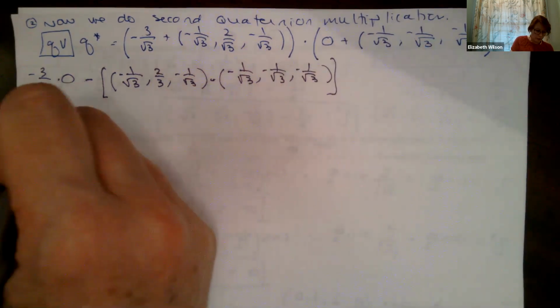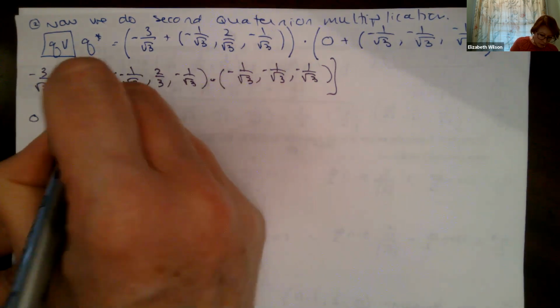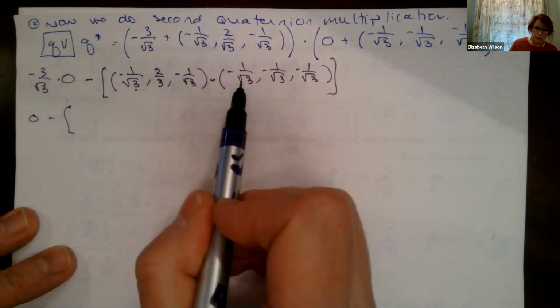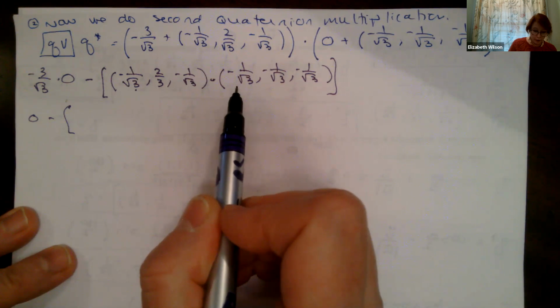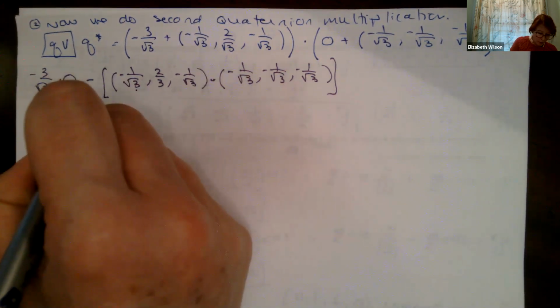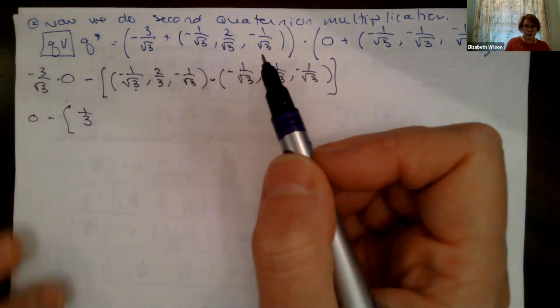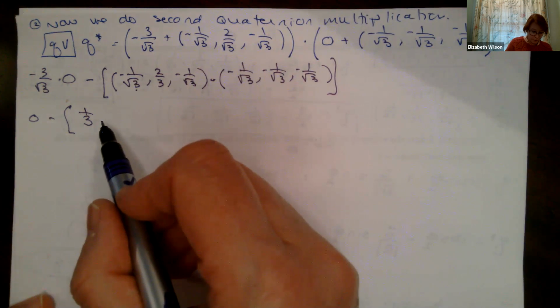So this part is 0 minus. Okay. So remember, radical 3 times radical 3 gives me just a regular 3. So negative times negative gives me a positive. So minus 1 over radical 3 times minus 1 over radical 3 gives me positive 1/3.